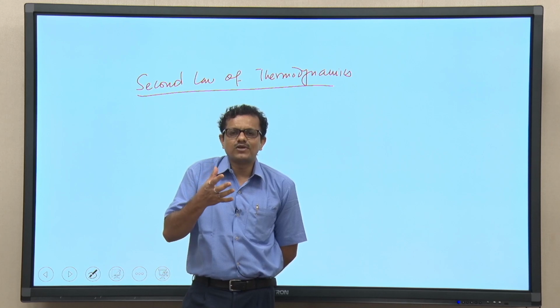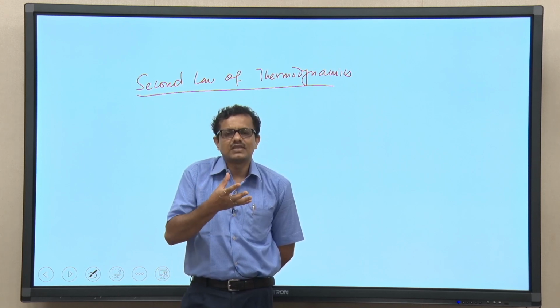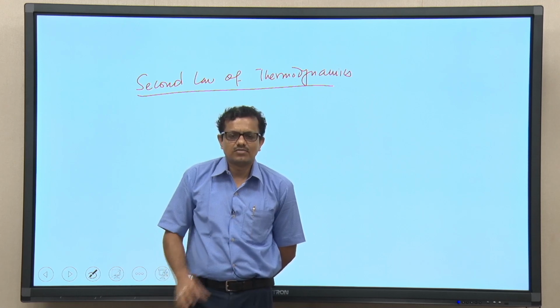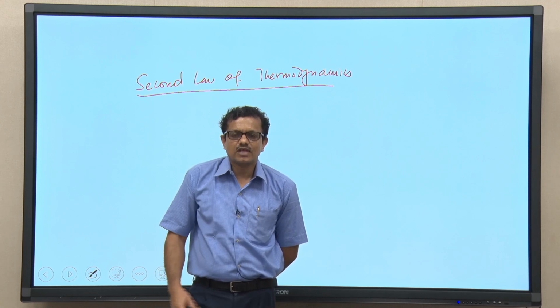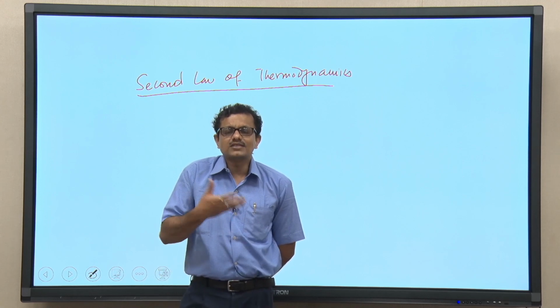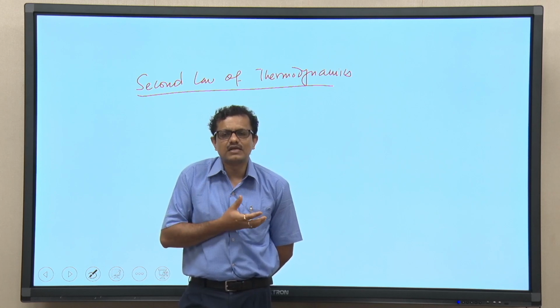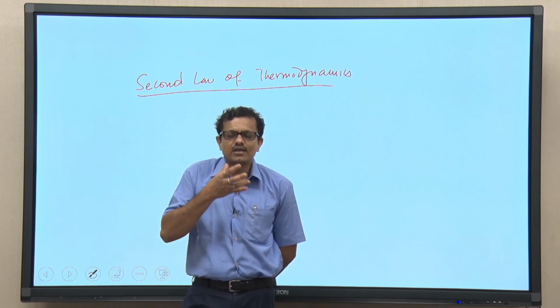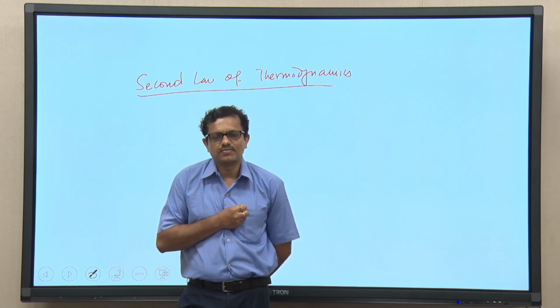Just for example, if we talk about a cyclic process, to complete a cyclic process there are 4 or 5 sub processes. In all these sub processes, if some degrees of irreversibility are there, then it will definitely destroy the overall performance of the system.